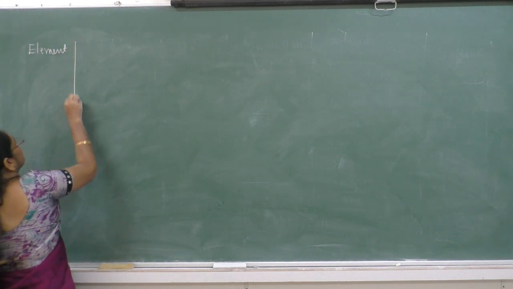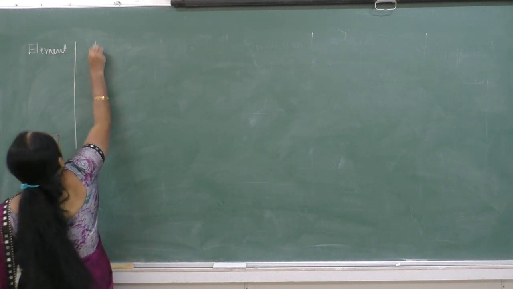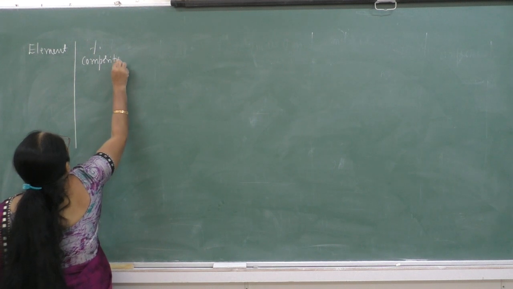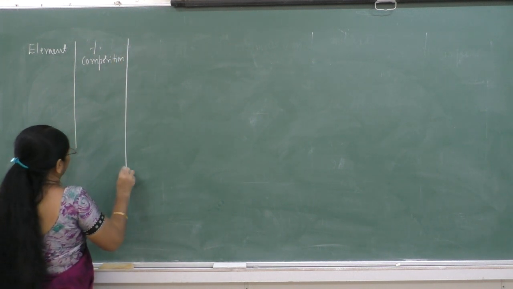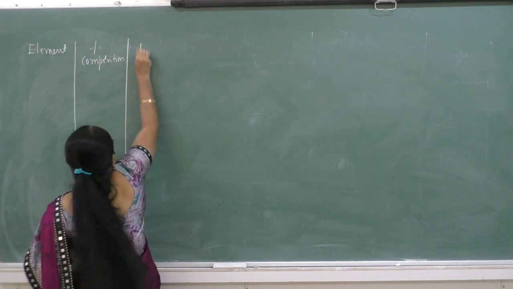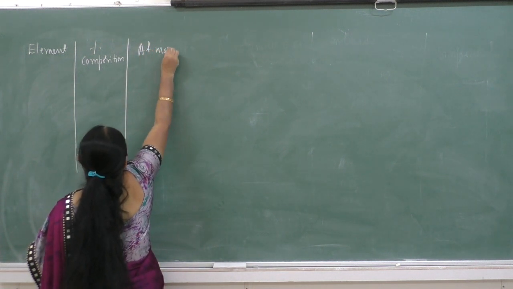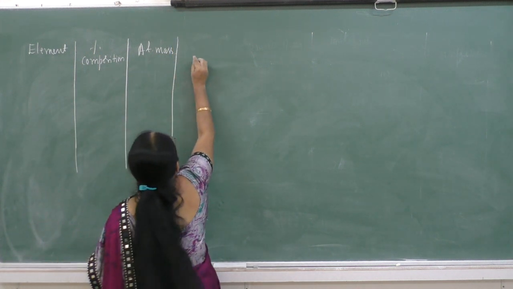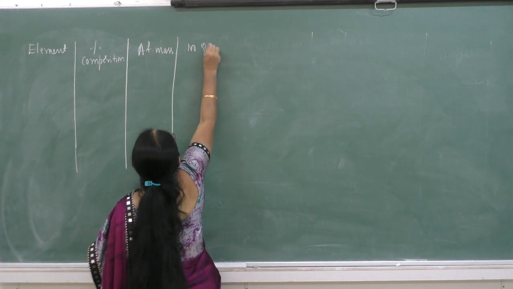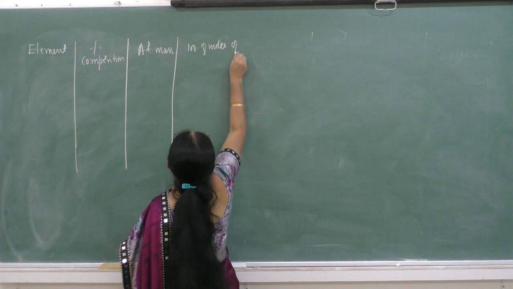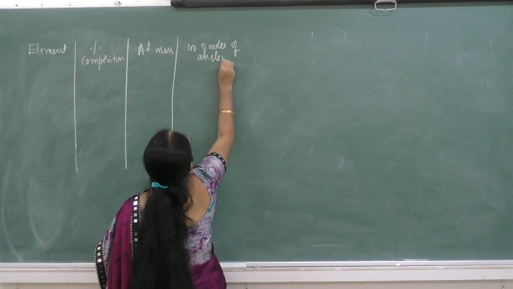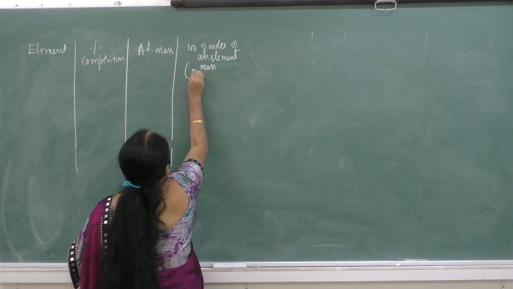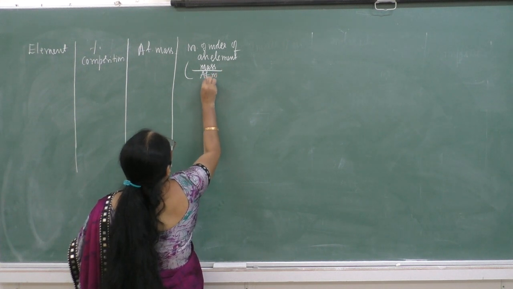In the second column take down the percentage composition or the percentage mass. In the next column take down the atomic mass. Then in the next column take down the number of moles of an element. This is given by mass divided by atomic mass.